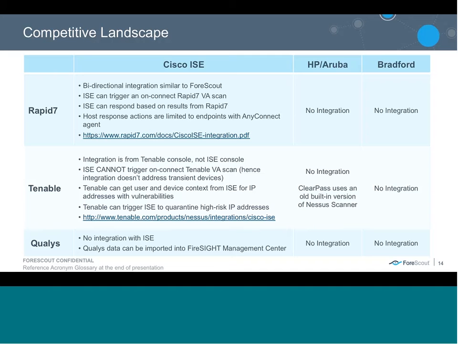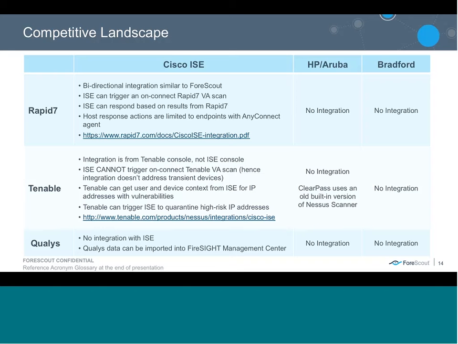But here's the difference, and this is a really important point to make here: it can only respond to endpoints with the AnyConnect agent from Cisco. So remember, ForeScout is agentless. We can do all of that and more without having an agent on the endpoint. Cisco's integration with Rapid7 requires the AnyConnect agent.